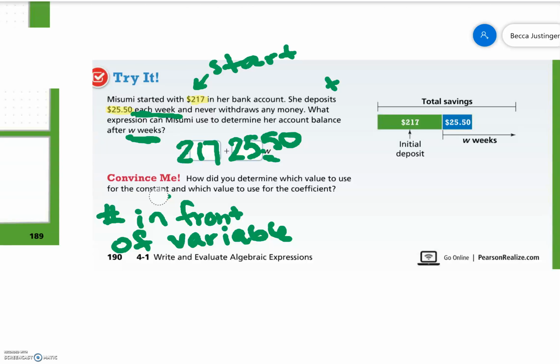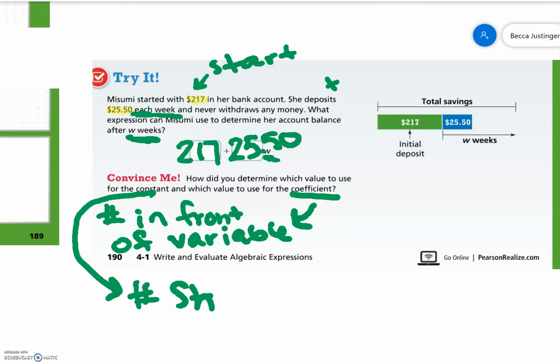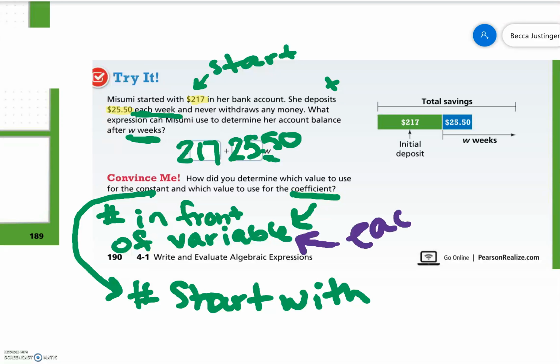Coefficient is the number in front of the variable. Constant is the number you start with. So it's what you already have. You know it's the coefficient because of the words each or per. Those are going to be our buzzwords for that.